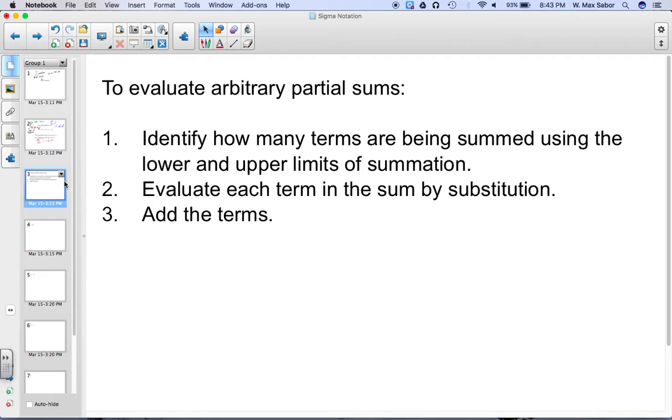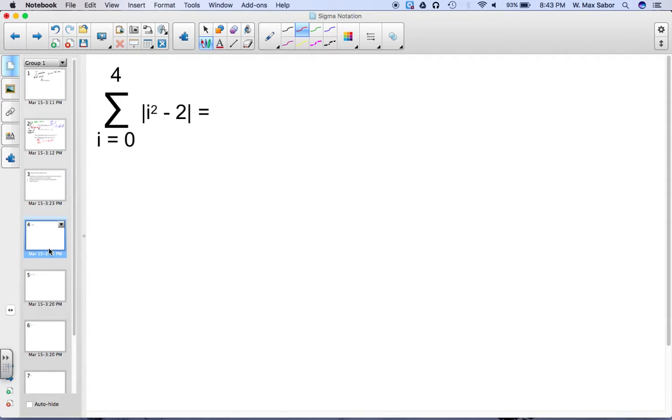So to evaluate arbitrary partial sums, meaning we don't have to know anything special about the terms being added, first, you identify how many terms are being summed using the lower and upper limits of summation. Then evaluate each term in the sum by substitution, and then add those terms. So here, I'm going to use the 0 and the 4 to determine how many things there are.